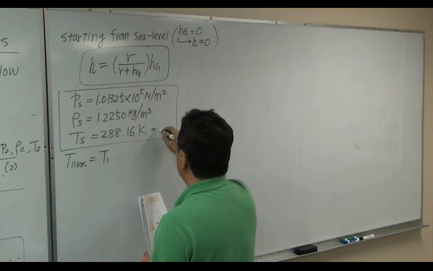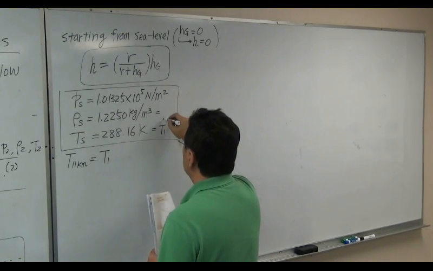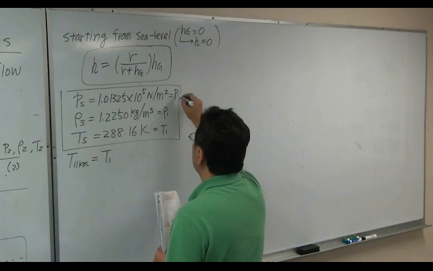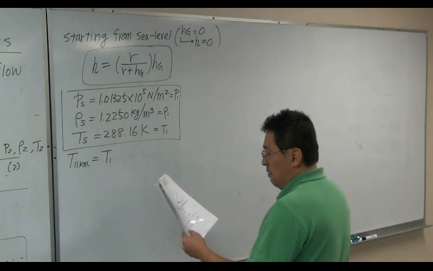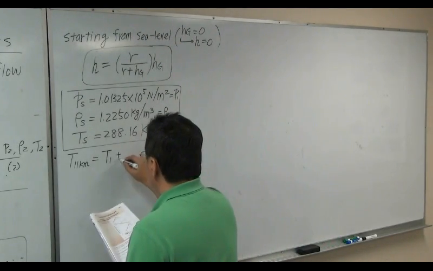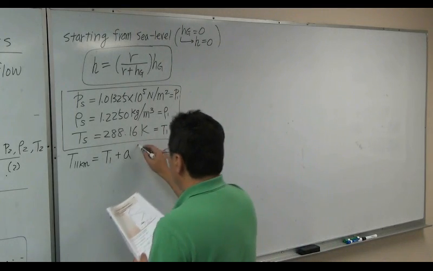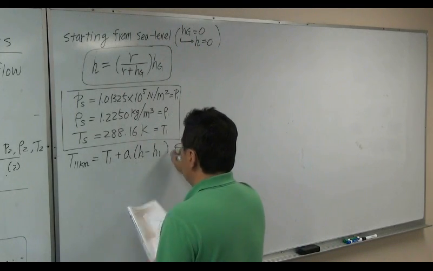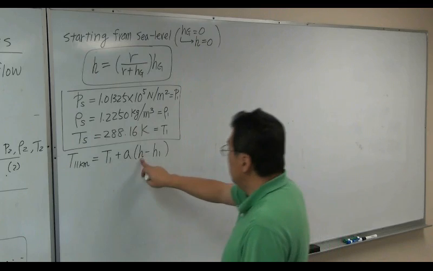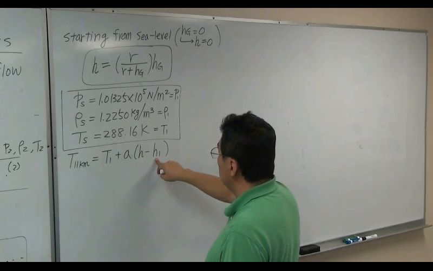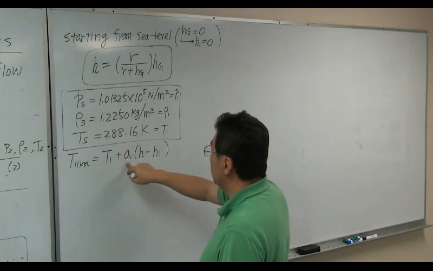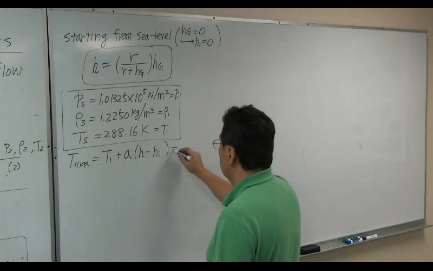By the way, this is T1. Okay. This is rho 1. This is P1. Okay. So T equals T1 plus A, the lapse rate, times H minus H1. So this H is 11 kilometers, this H1 is sea level, 0. This A is A1. So let's plug in.